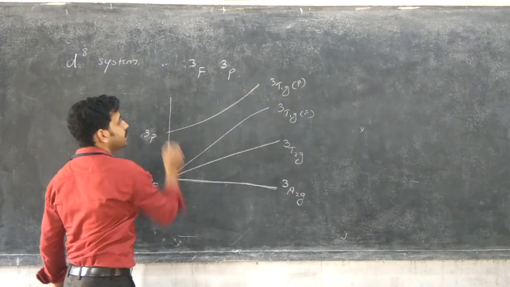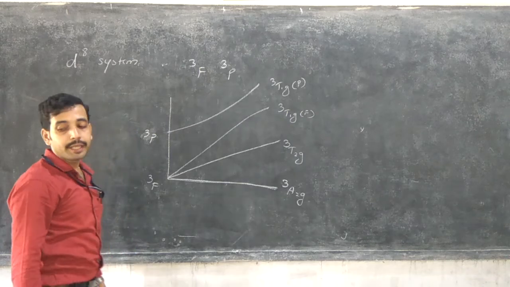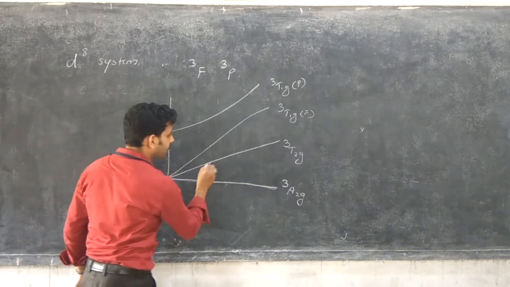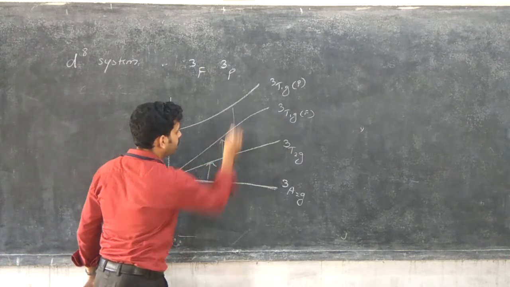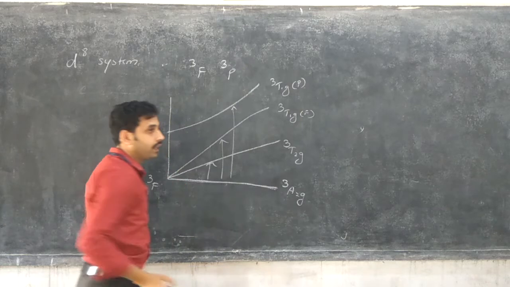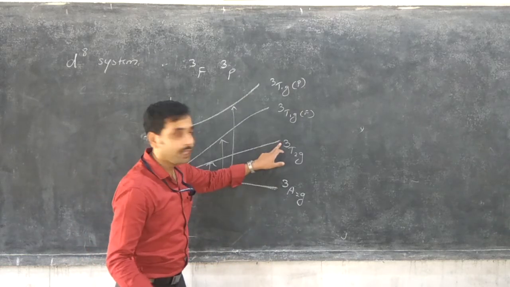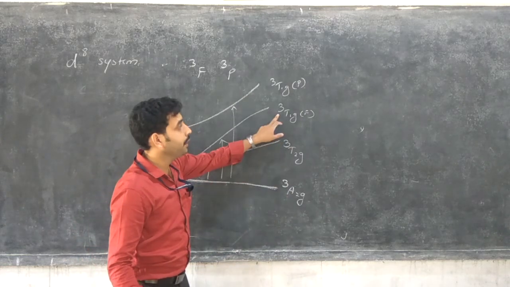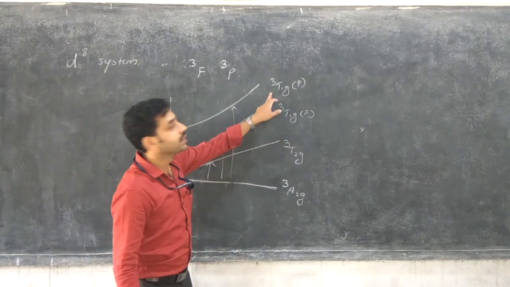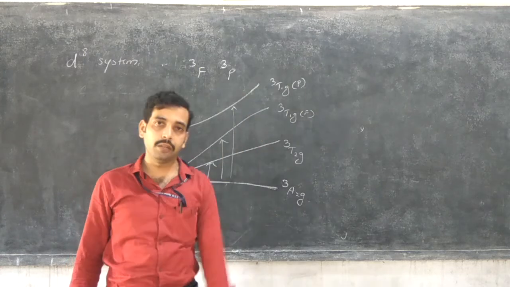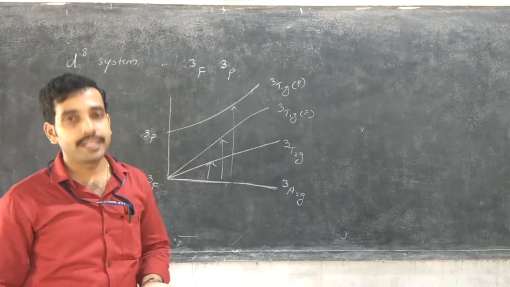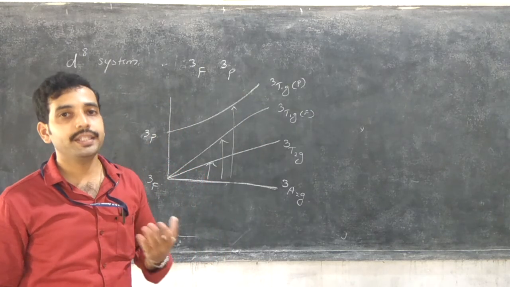That is the 3P. The three transitional lines are observed as nu1, nu2, nu3, due to 3A2G to 3T2G, 3A2G to 3T1G of F, and 3A2G to 3T1G of P terms. That is the D8 system.